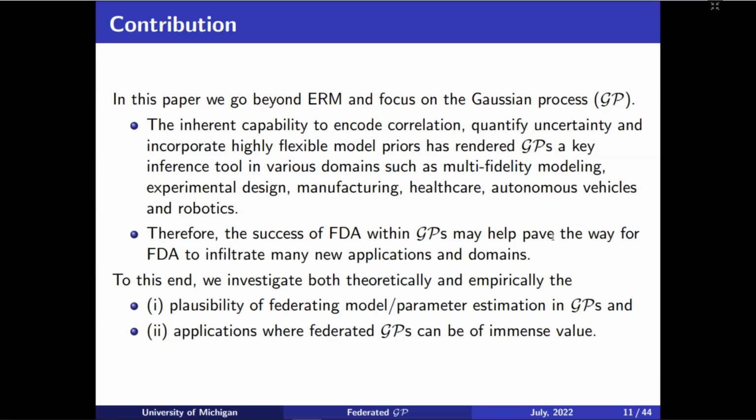Therefore, the success of FDA within Gaussian processes may help pave the way for FDA to infiltrate many new applications and domains. To this end, we investigate both theoretically and empirically the possibility of federated model estimation in Gaussian processes, and also the applications where the federated Gaussian process can be of immense value.